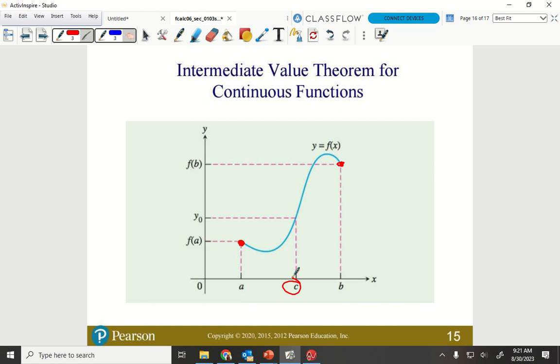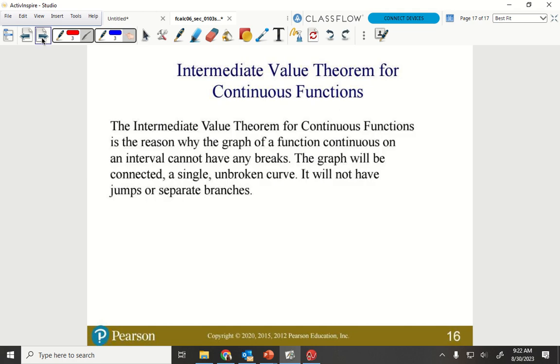So there's no holes. Continuous, good roller coaster, right? Unless it is discontinuous. Okay, the intermediate value theorem for a continuous function is the reason why a graph of a function that is continuous on an interval cannot have any breaks. The graph will be a single unbroken curve and will not have jumps or separate branches.